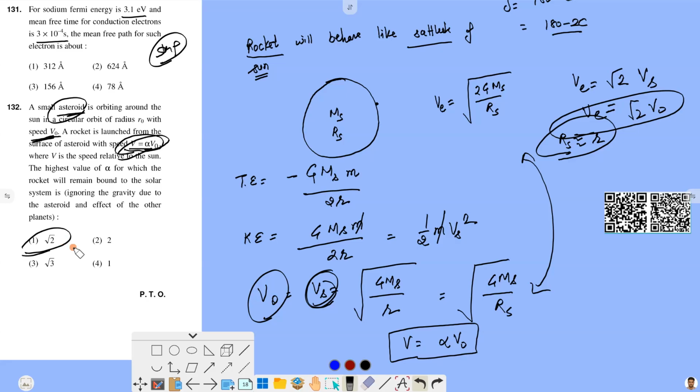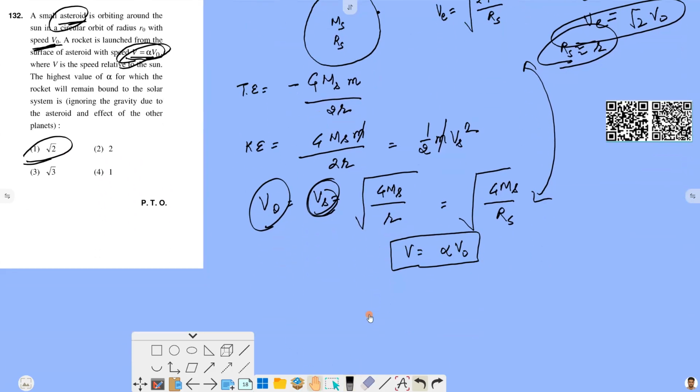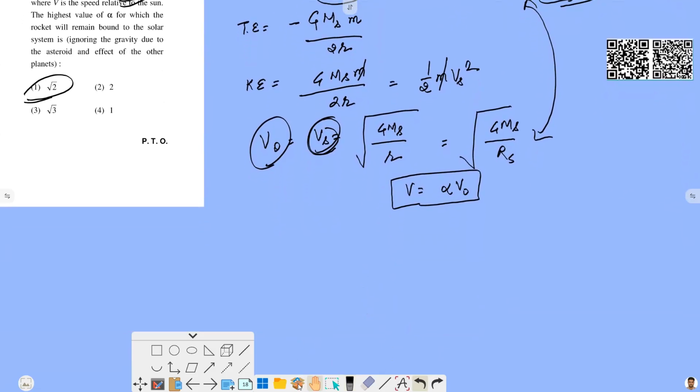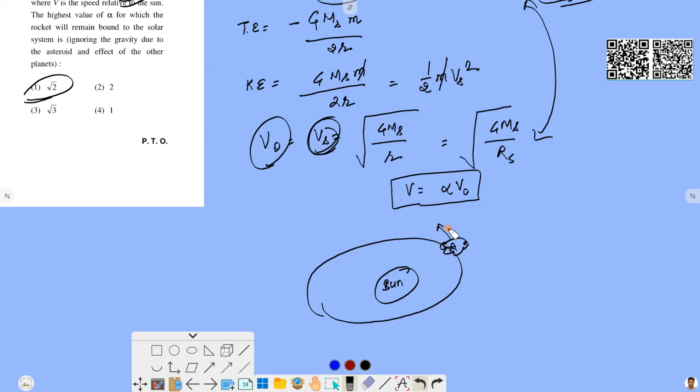So basically what we have done here, if I explain it briefly, it is mentioned that suppose this is our sun, there is some asteroid around it, and we have to launch a rocket from this asteroid such that this rocket stays bounded with the sun, or it will stay in the gravitational pull of the sun.